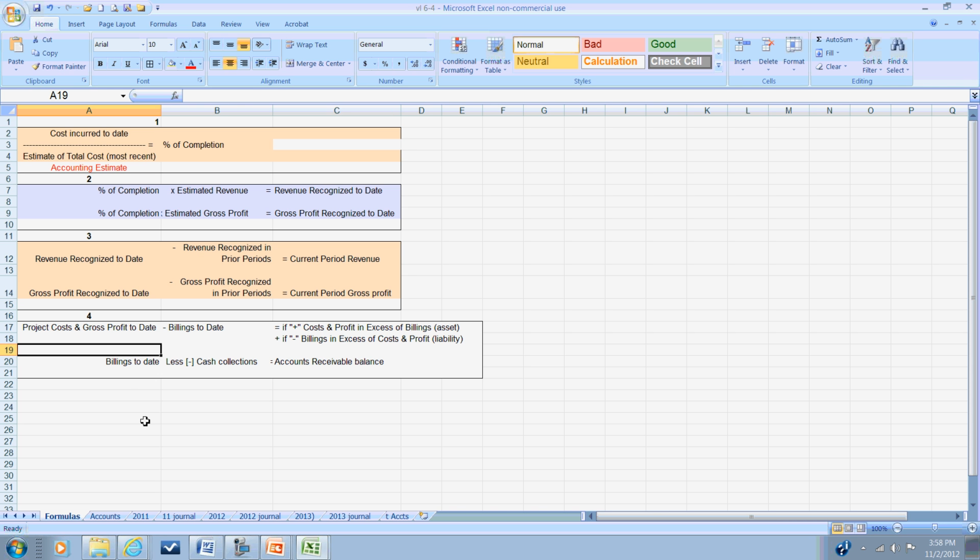In number 4, we have our calculation of 2 balance sheet accounts. The first one deals with a comparison of our project cost and gross profit to date against our billings to our client.